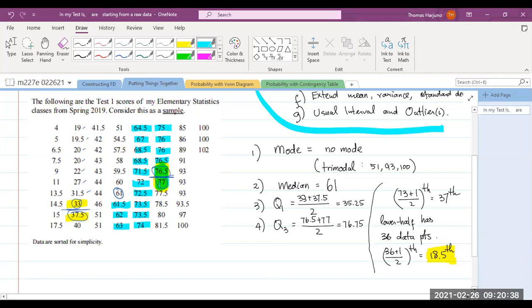Still 76.5 and 77. So either you count it from the next number after the median, or if you count it from the top, data number 18 and 19 will still be these two numbers.